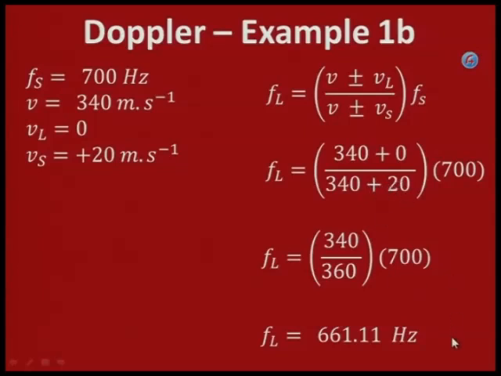If you get to the answer, it's 661 Hertz. Now let's see if this makes sense. When the ambulance is driving away from you, the frequency should be lower. The ambulance's frequency is 700 Hertz and 661 Hertz is less than 700 Hertz. Therefore, your answer makes sense.